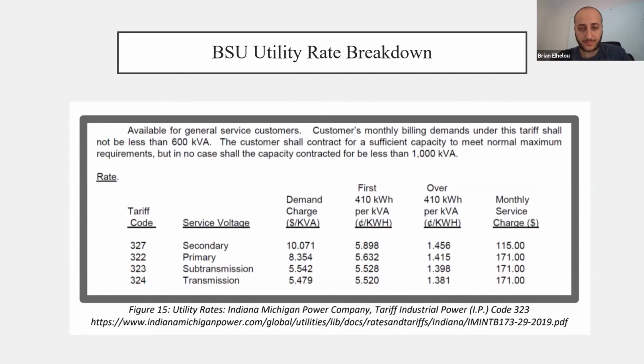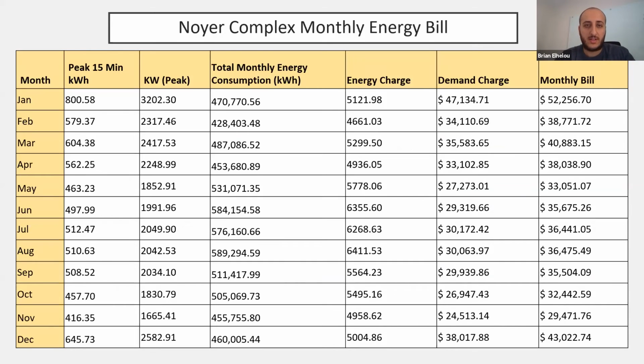Next slide. So this is the Neuer complex energy bill summary. BSU gets charged $14.72 on their peak, which is 3,200 kilowatts.